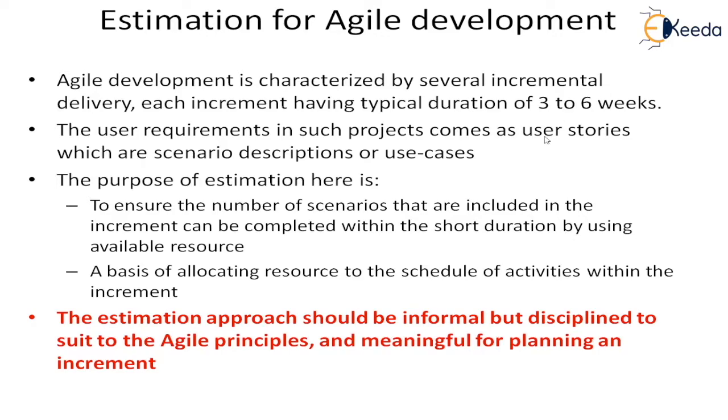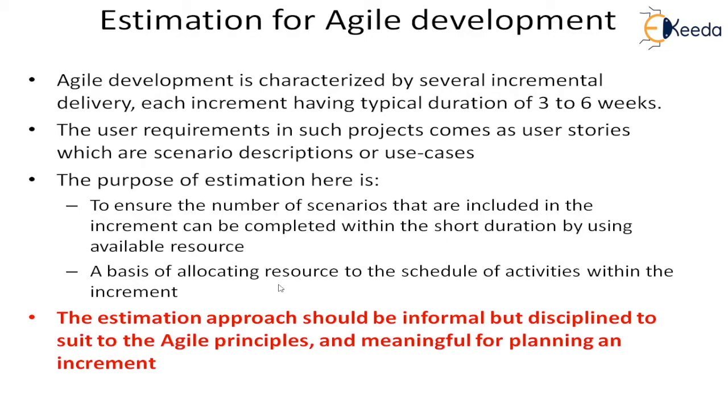So when both are fixed, we have to fit the user stories. The number of user stories that we can take into an increment has to be manipulated so that it fits. So the purpose of estimation is that we estimate in such a way that we are able to take this kind of decision.